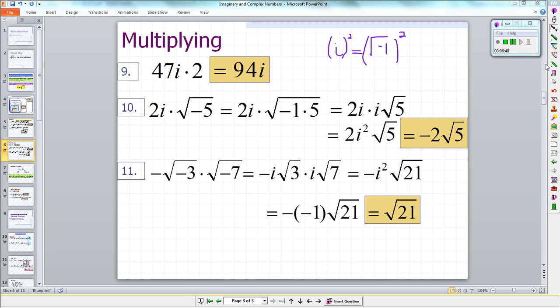So right here we have i squared, and we know that i squared is -1, so we end up with 2 times -1, which is -2, and then we bring the square root of 5. So it means -2 times the square root of 5.